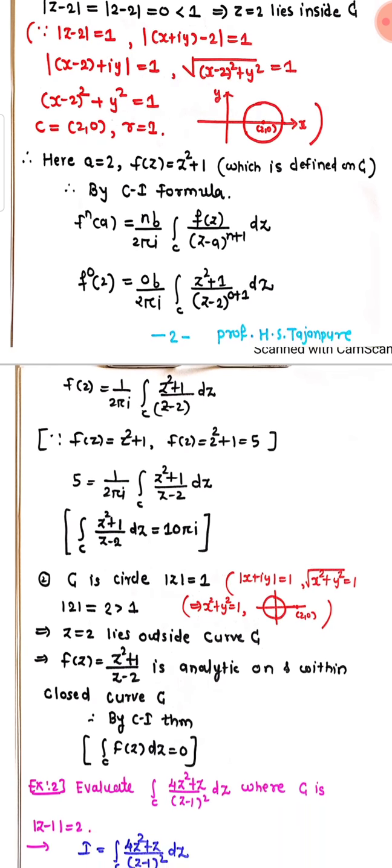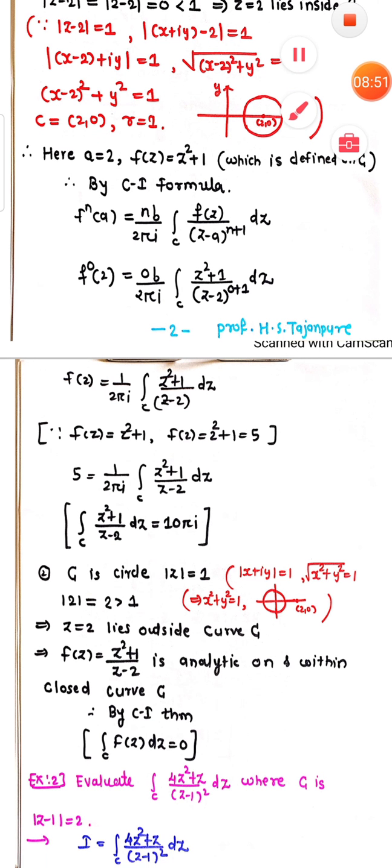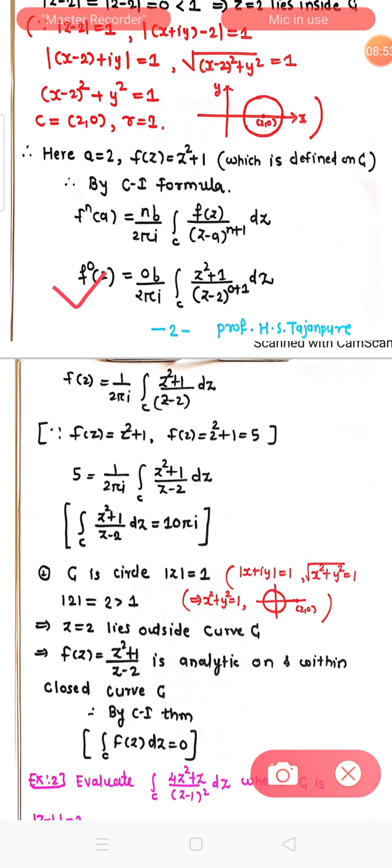So let us substitute that value here. It will be f^(0)(2) = 0!/(2πi) ∫ over the curve C of (z² + 1)/(z − 2)^(0+1) dz.